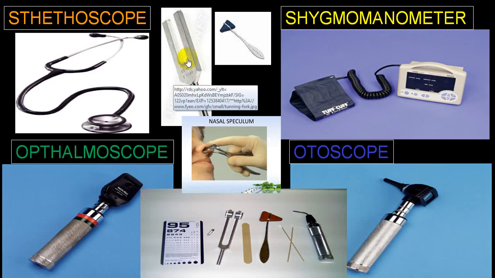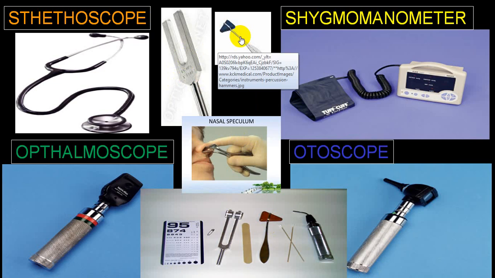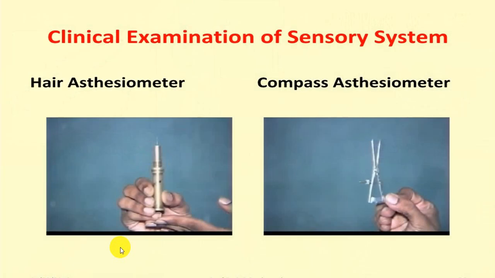Stethoscope, tuning fork, percussion hammer, nasal speculum, sphygmomanometer, otoscope, ophthalmoscope, all these are necessary instruments while doing an examination. You can have even an esthesiometer to do a sensory system examination, and a compass esthesiometer to do two-point discrimination.